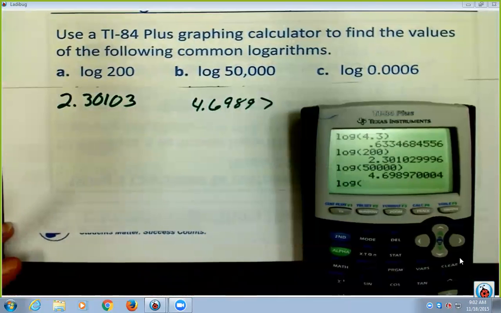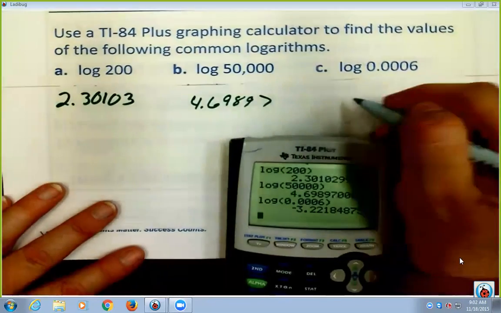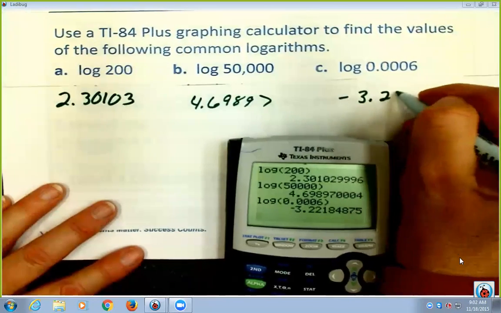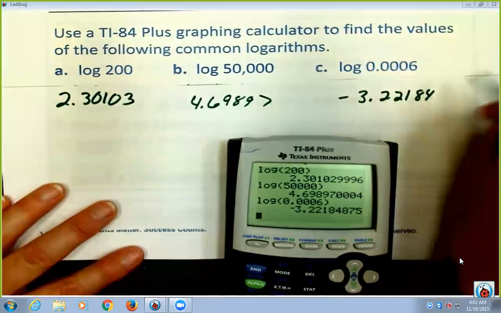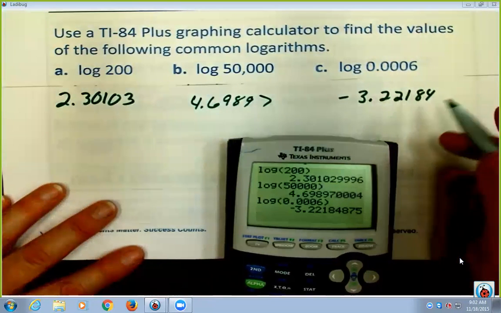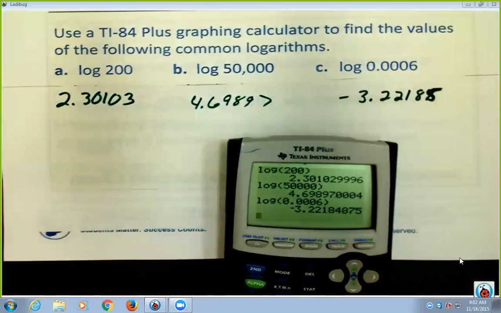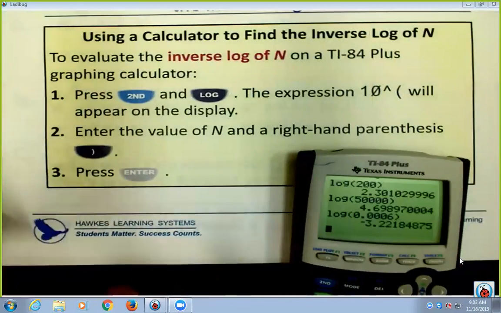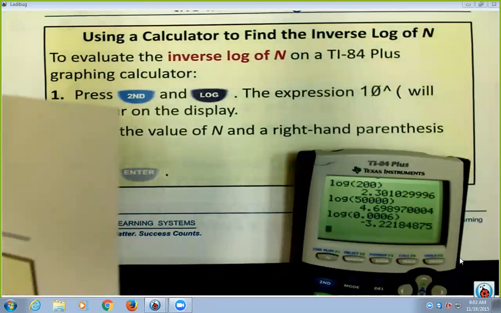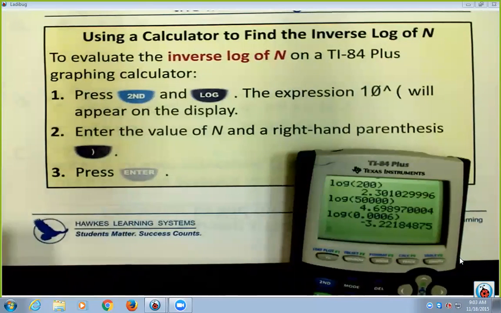Again, it's just an exercise of plugging them into your calculator, 0.0006, close the parenthesis, hit enter, and I get an answer of a negative 3.22184. Oops, nope, the 4 is going to become a 5 with that one. Okay, what do you think? Easiest stuff we probably ever did in here. And so that becomes what we do with those.